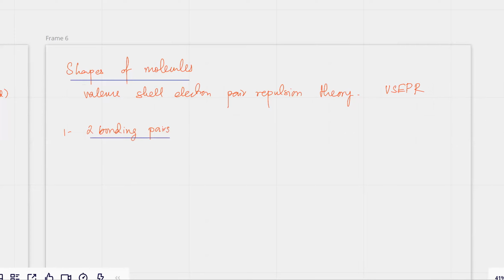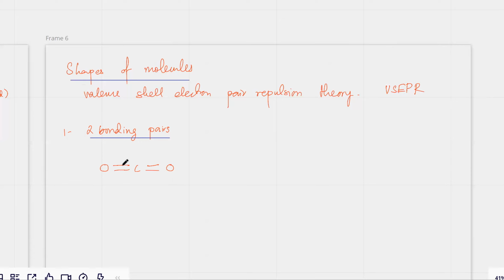So if you have a bunch of bonds around an atom, like a carbon dioxide molecule, it's got a double bond on one side, and it's got a double bond on the other side as well. What the theory simply states is that the electrons over here are going to repel the electrons on the other side.